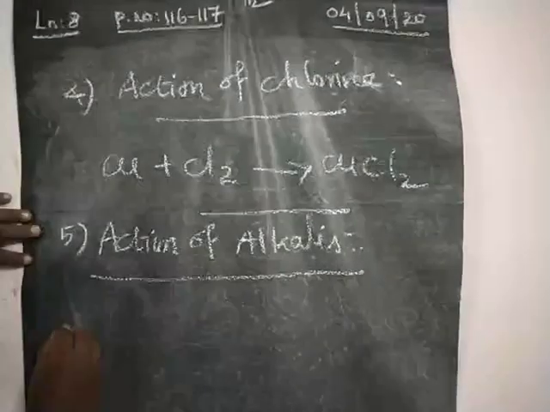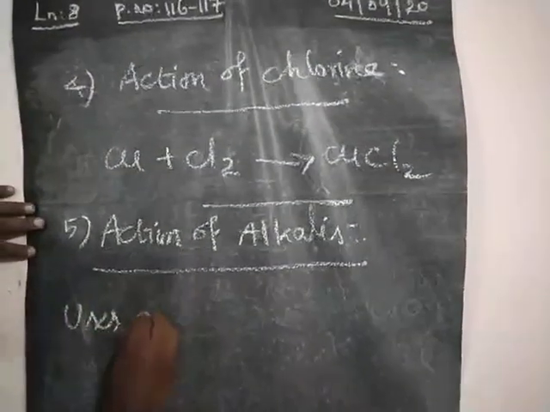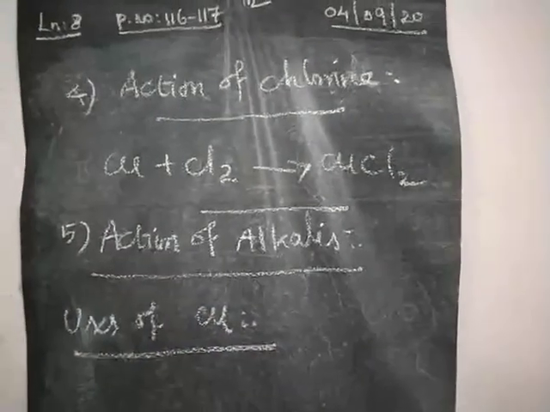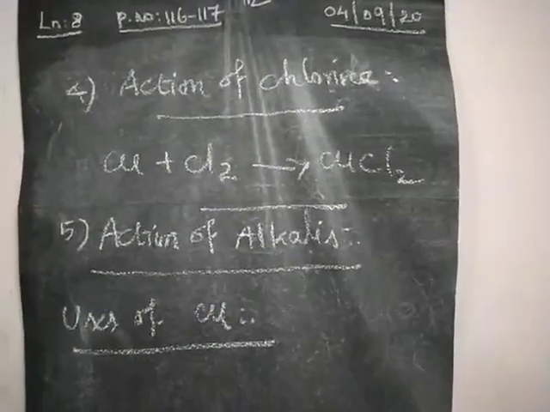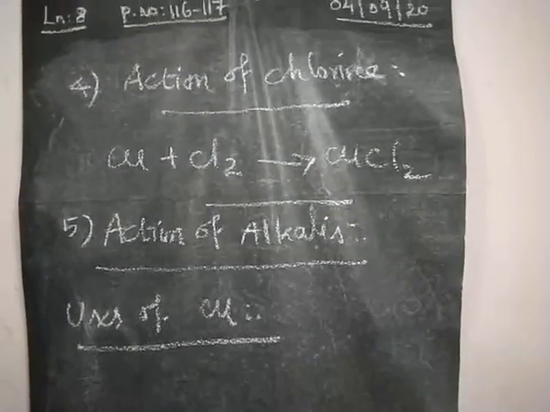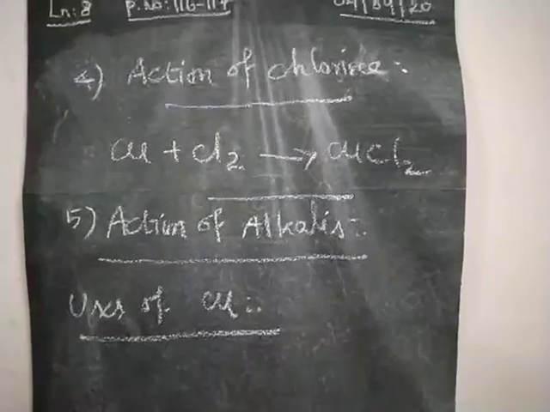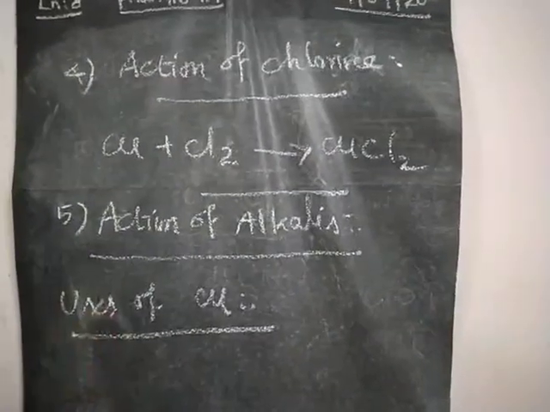Next, uses of copper. Copper is used in a wide range of applications in industries. First, it is used to make electric cables and electrical appliances; most electrical appliances are made of copper.